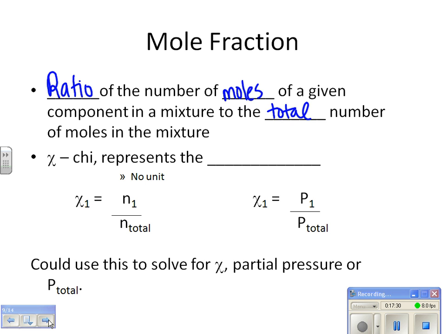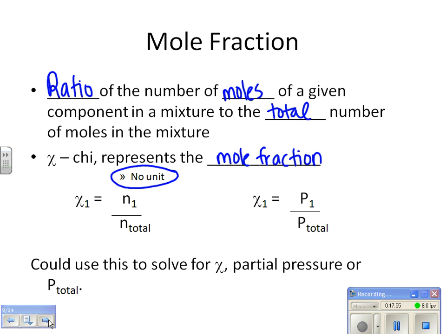It is represented by that X-looking symbol, which is the Greek letter chi, and it represents the mole fraction. There are no units. It's just out of the total number of moles, how many moles are there? Everybody stop for a second and cheer. There are no units on this number. We don't have to cancel units. We just have to figure out what the fraction is.